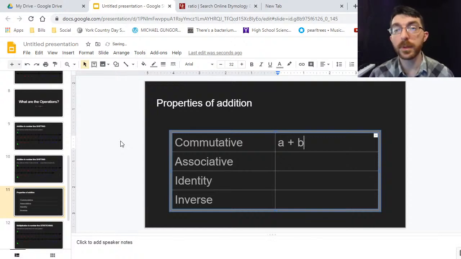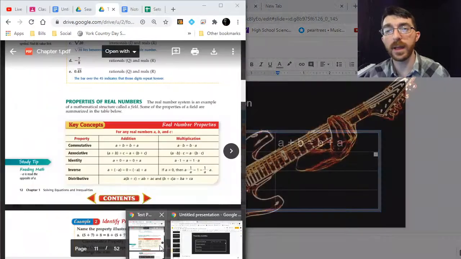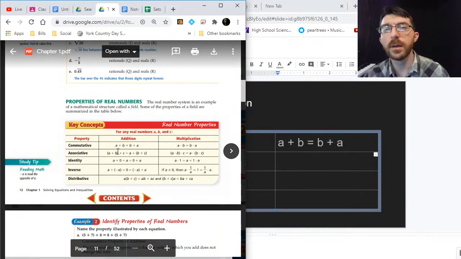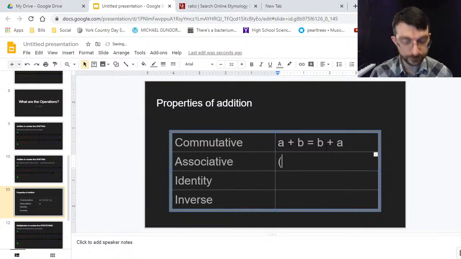A plus B equals B plus A. In other words, the order doesn't matter. Okay, associative, and that is where the order among three doesn't matter. I want to see how it expresses it. Okay, it just puts parentheses around. So I'm going to be able to fit this.